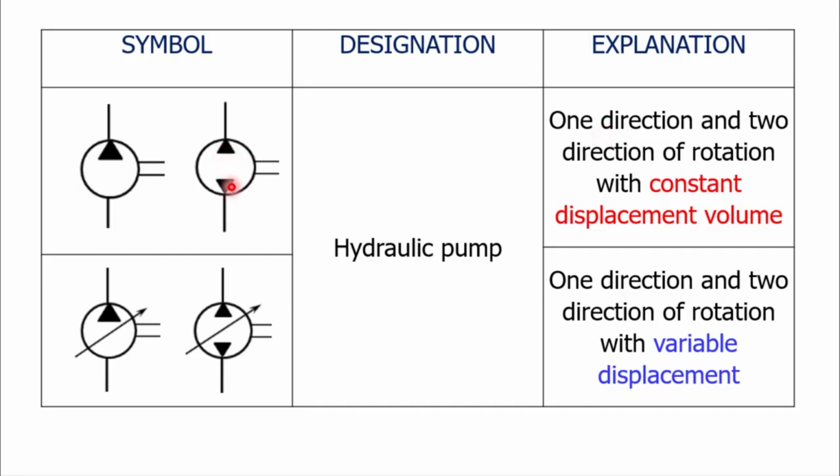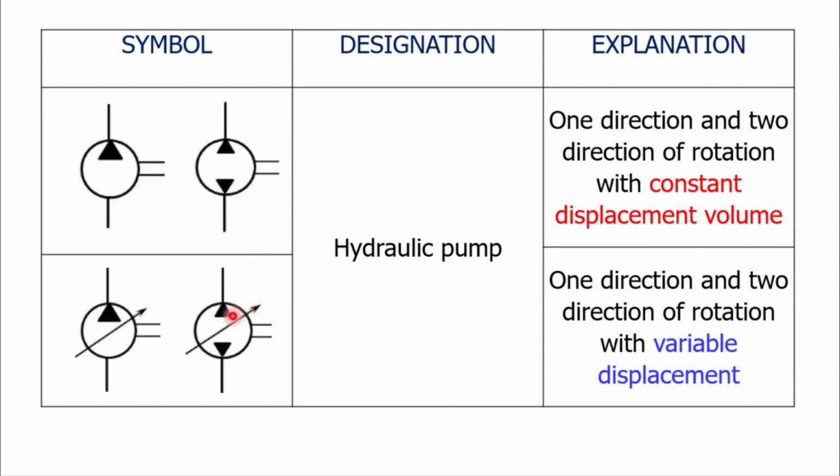When two triangles are provided in opposite directions, it is a two-direction pump. Two parallel lines designate that the displacement volume is constant. With constant displacement volume, the pump is working.